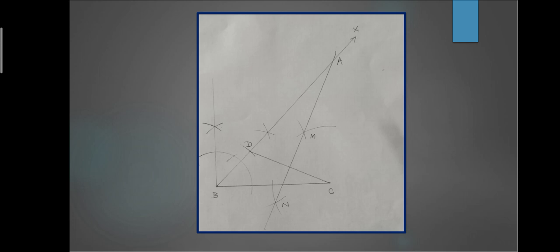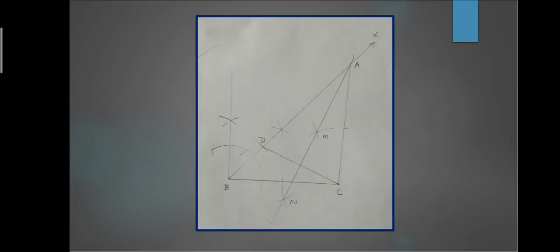This point is A. The next step is to join A to C. This gives us the required triangle ABC.